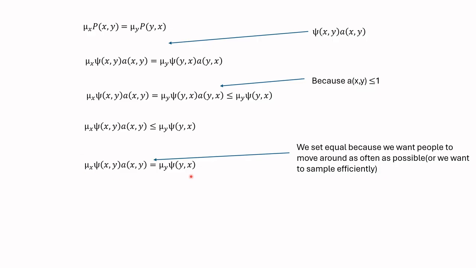But now we have this relation, and we just divide this thing over to this side, and we get this. If you look at this, usually we propose ourselves some sort of jump distribution, or some sort of jump proposal.